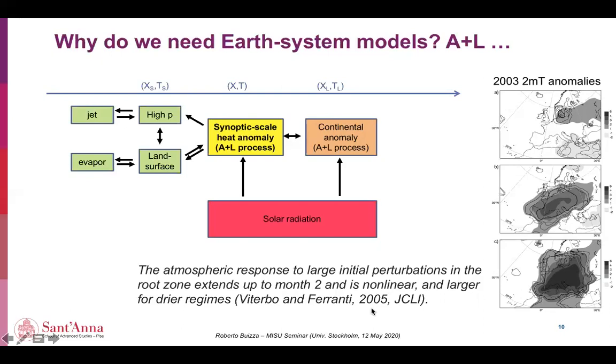So as Viterbo and Ferranti showed, you need to have an accurate simulation of the soil moisture and how the soil moisture actually changes through the forecast if you really want to make the correct forecast of intensity and the duration of this type of phenomena.